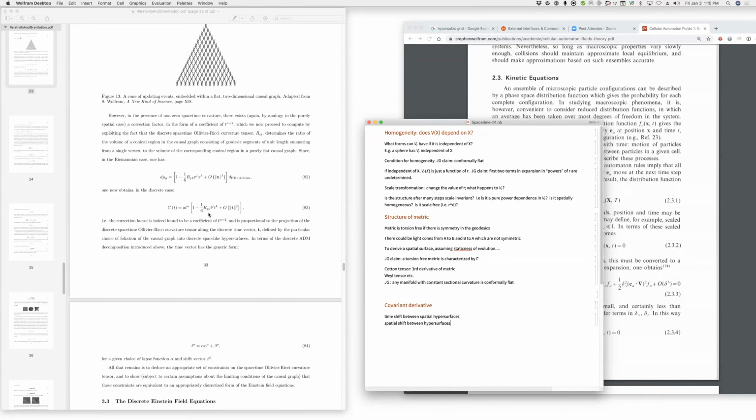And that is certainly a possible scenario if V_R of X is independent of X, I think.